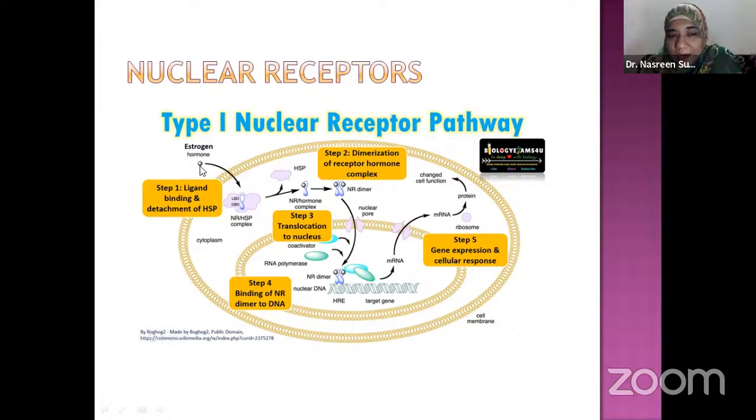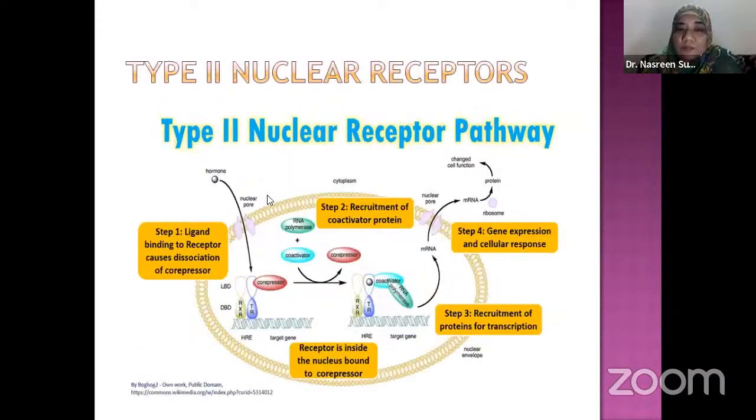The ligand, hormone or estrogen, crossing the plasma membrane binds to the type 1 nuclear receptor, which is bound to heat shock proteins, and when it binds, immediately the heat shock proteins get separated, and the nuclear receptor forms a dimer. It passes through the nuclear pore and gets attached to the DNA, changing the transcription and translation process.